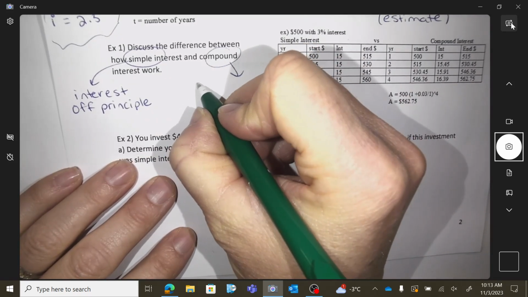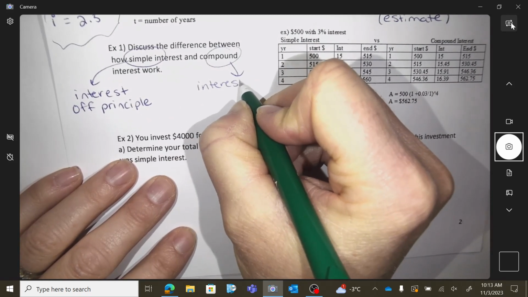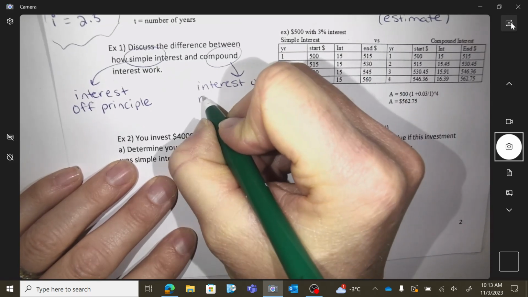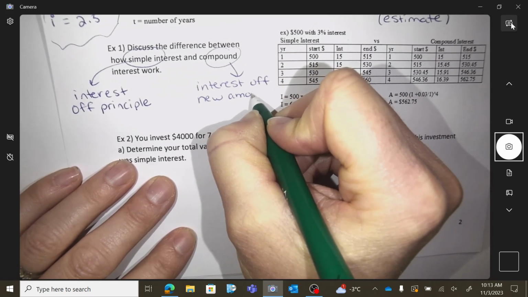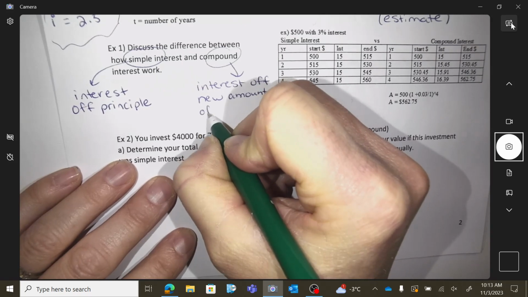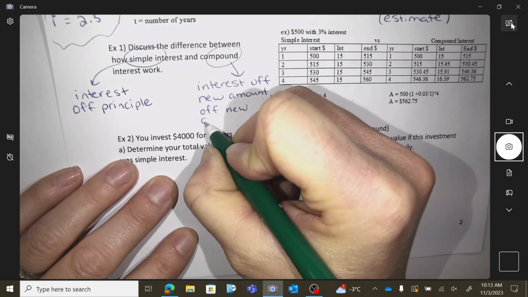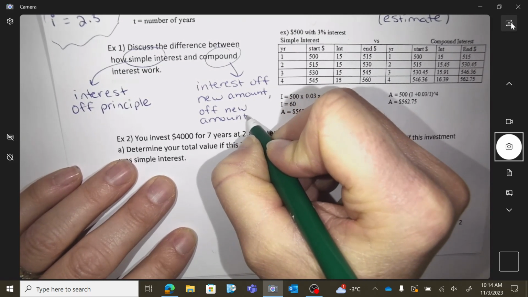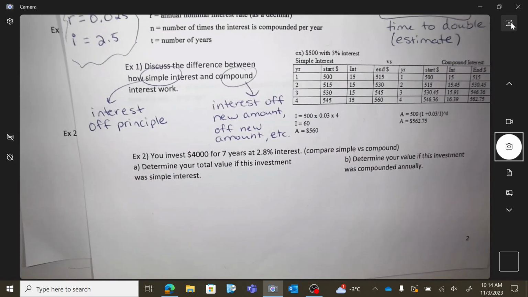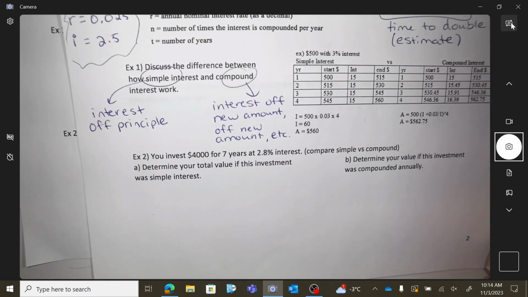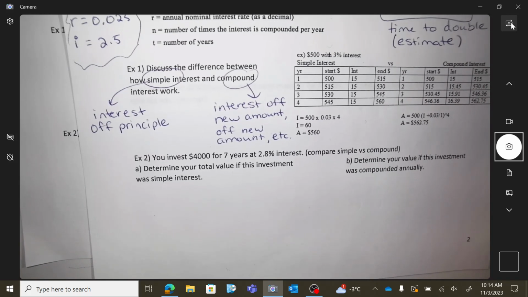And compound is you're getting interest off the new amount, etc., right? Every time. So if you do monthly, you're going to get interest on the first month. Then on the second month, you're going to get interest based on the new amount that you have. Then the new amount, then the new amount.